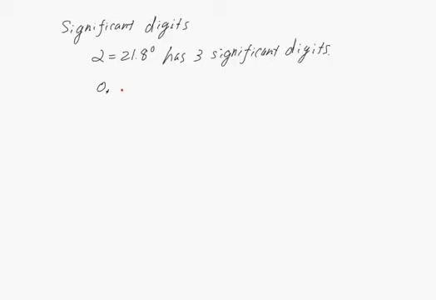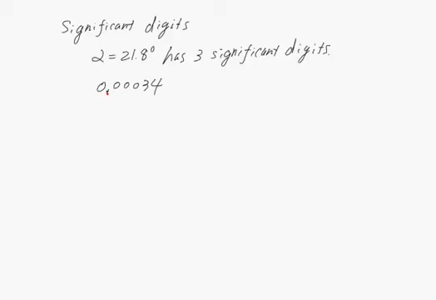For example, we may have the number 0.00034. Right now in this number, we don't have any non-zero digit to the left of the decimal point.